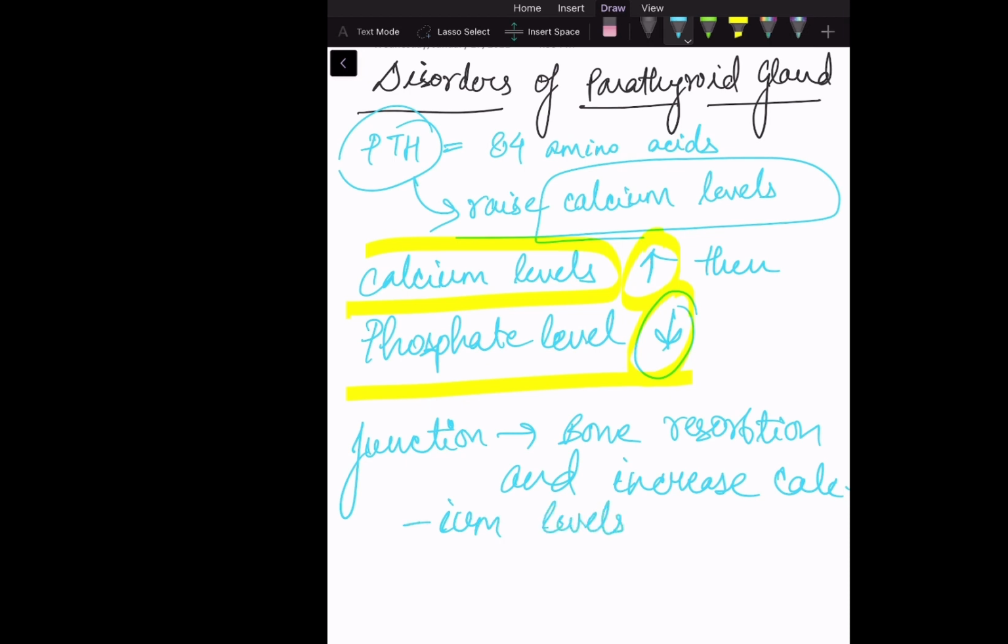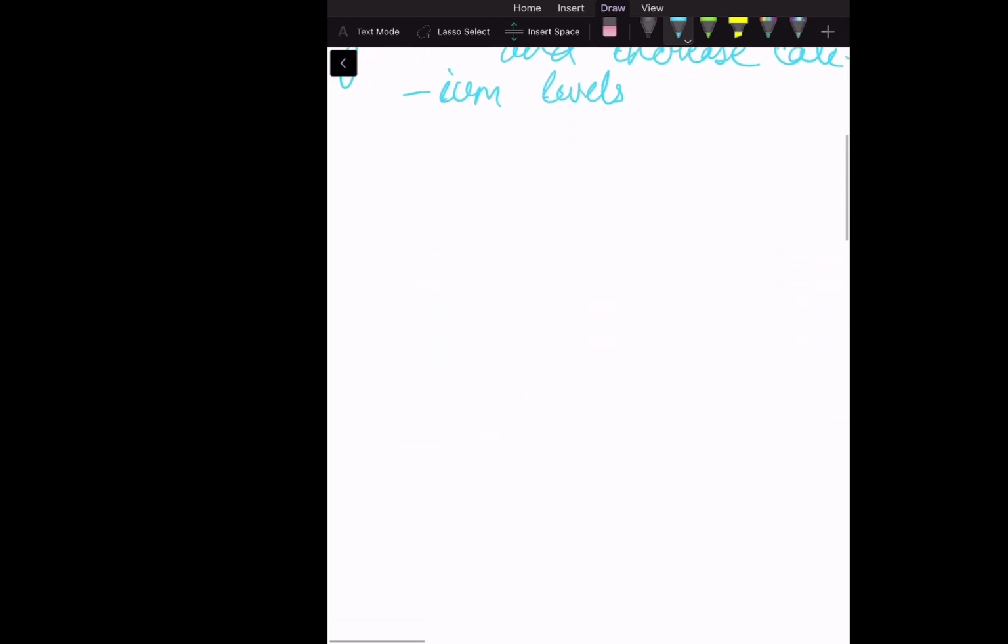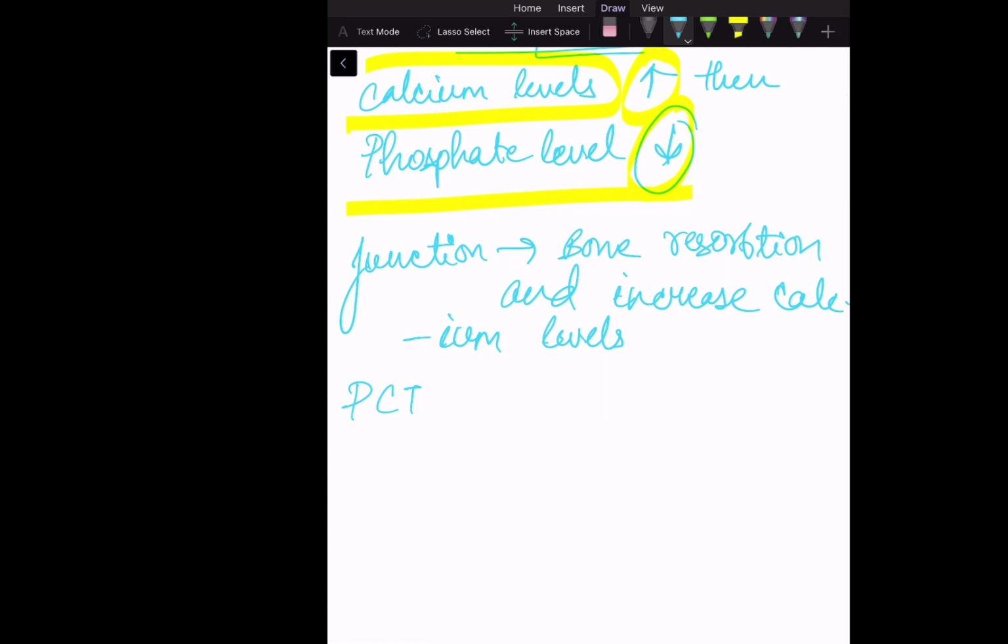Okay, then we come to another one, the PCT. So there are more functions. First, I'm only talking about functions right now. The first is bone reabsorption and increase calcium levels.